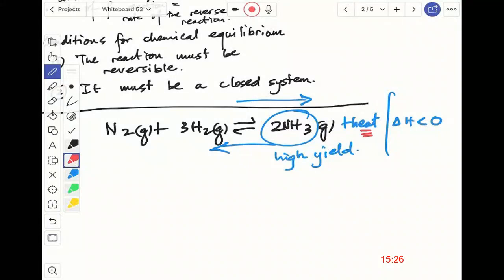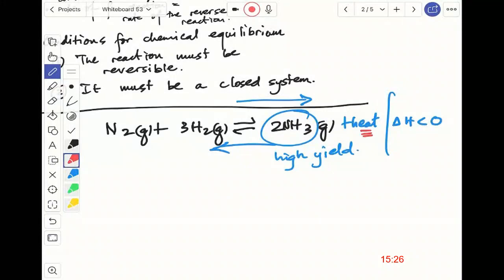However, I can have a high yield of ammonia, but it's going to take me a long time, because at low temperatures, everything happens slowly. So I would rather have a more moderate yield, for example, let's say I produce 80% ammonia. But my 80% ammonia, which is a high yield, takes me 9 hours to achieve.